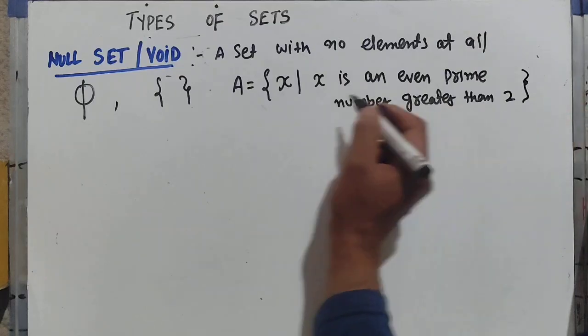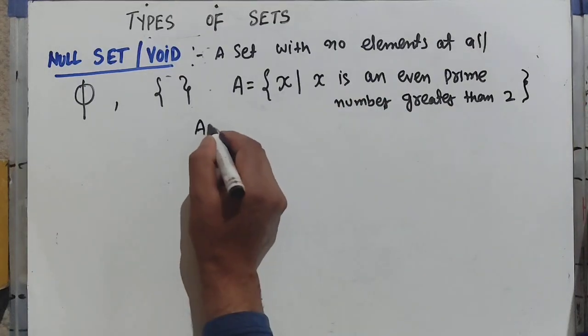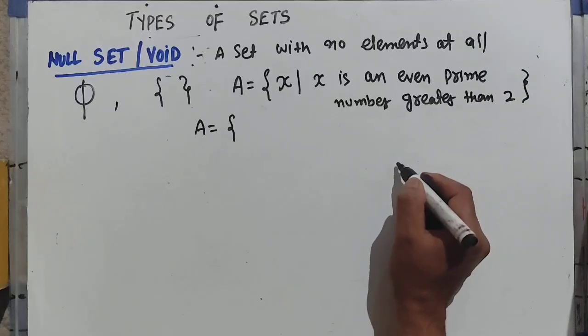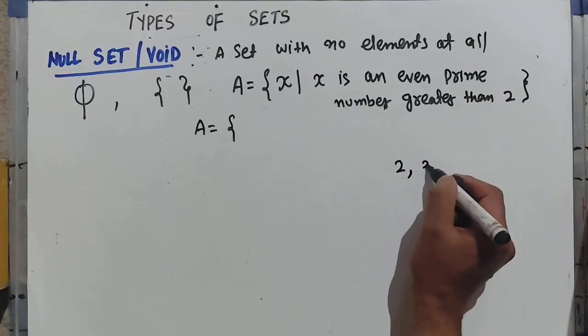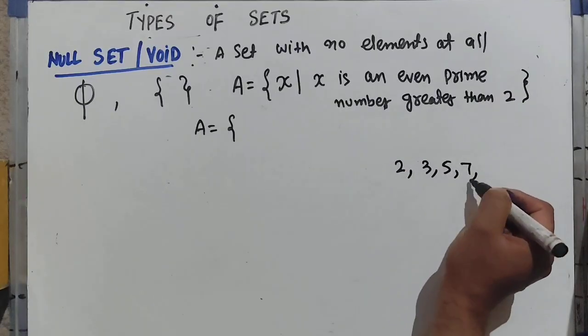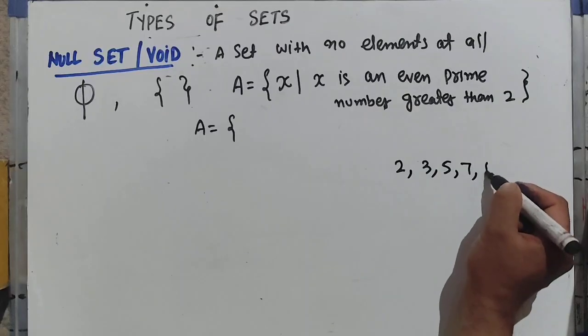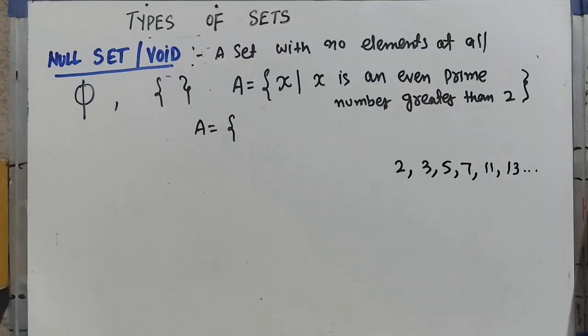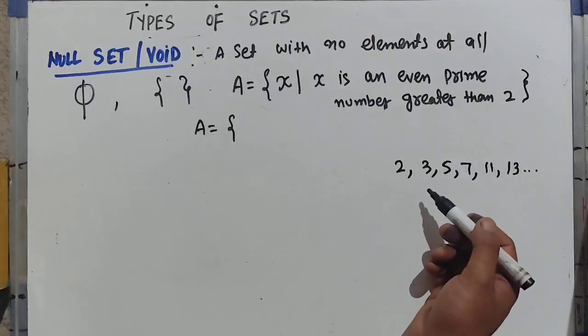So what will be the elements in set A? We know the even numbers start from 2. So the first even number is 2, then we have 3, then 5, then 7, then 11, then 13, and so on. These are what we call prime numbers.